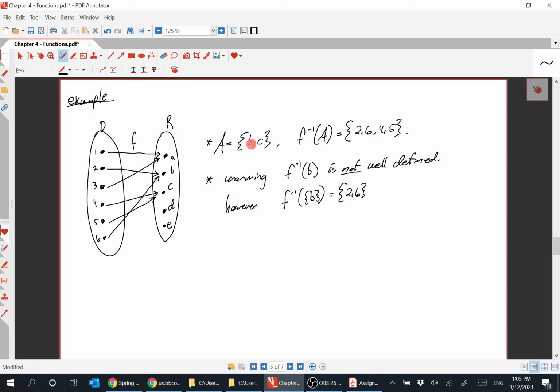The preimage of the set containing b and c is 2, 6, 4, 5. How about this? What is the preimage of the set containing d and e? Which stuff in the domain goes to little d and little e in the range? Nothing. The empty set, right?